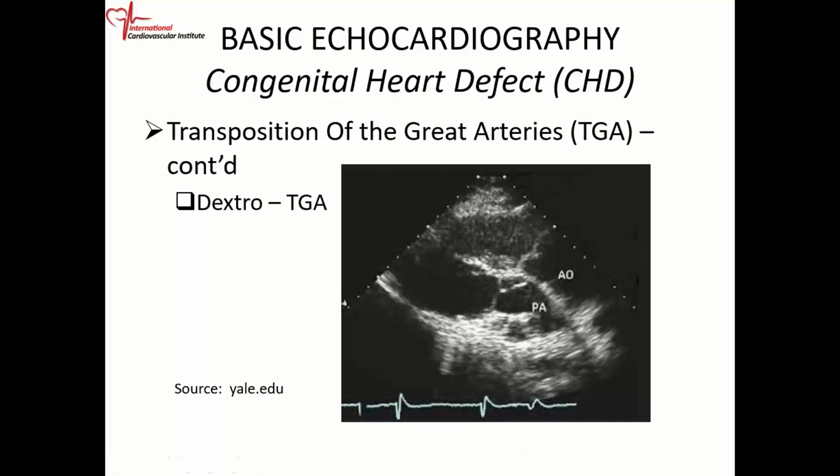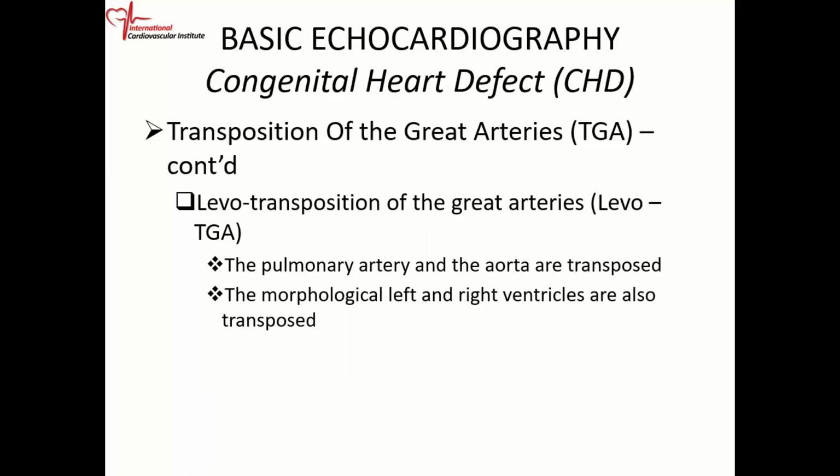When you do your echo, you have to remember your normal anatomy. If you get an abnormal anatomy where in the parasternal long axis view the aorta is somewhat above the pulmonary artery, then you start thinking, and you have to look at the whole heart in its entirety.